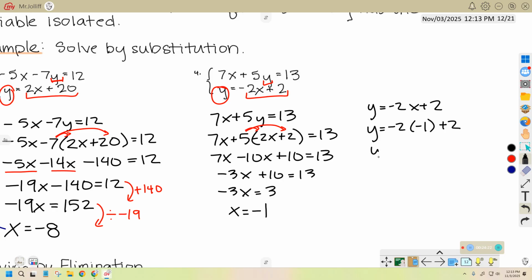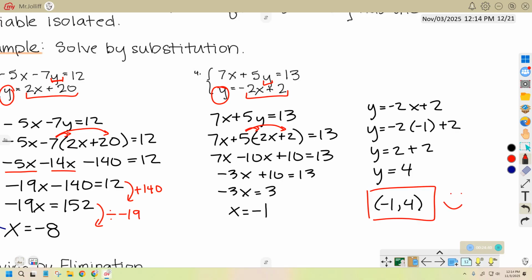And negative times negative becomes positive. So y equals 4. So the solution to this system is -1, 4. And this system is also independent. Very good, because it's one solution. It's independent. Good.